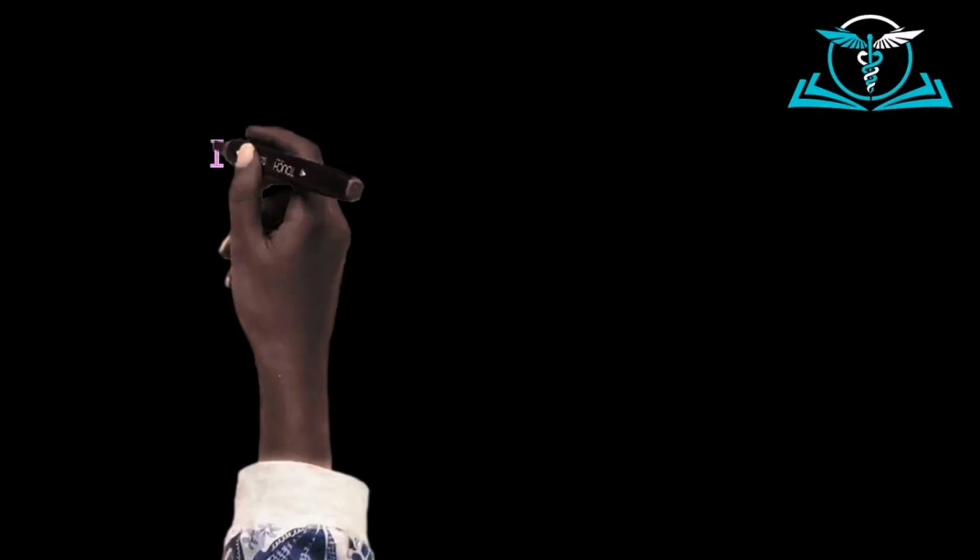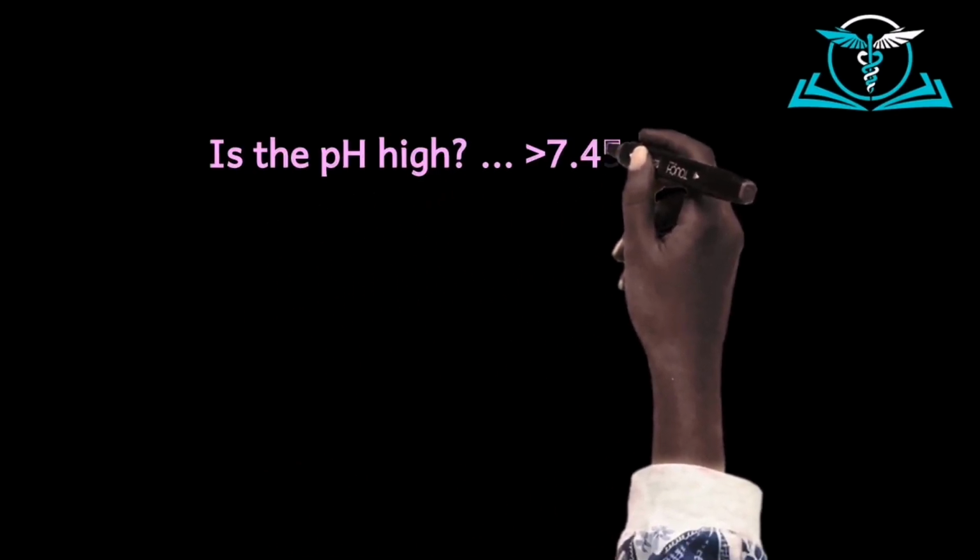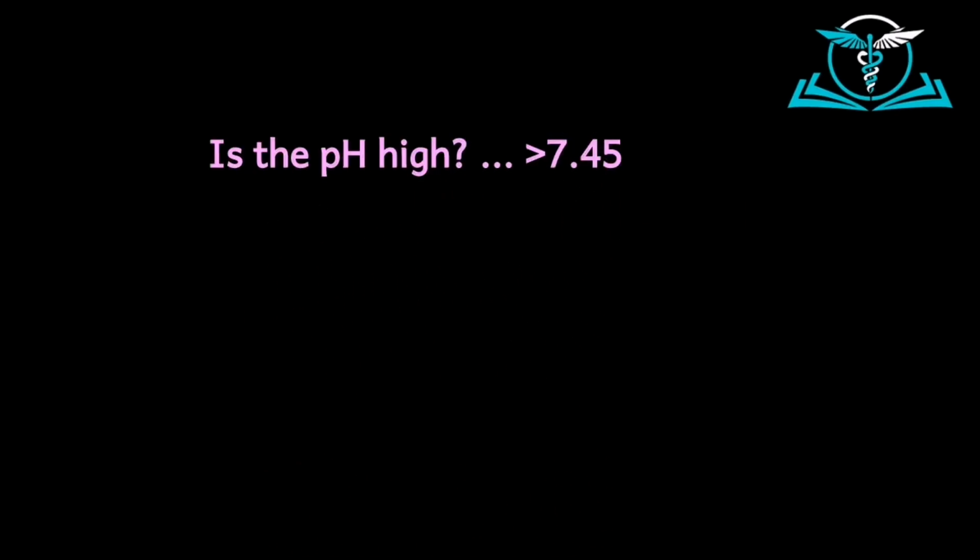And so another example, what if the pH is high, that is a pH more than 7.45? Straight away in our heads we know there is alkalemia. It means that there is a process which has caused a decreased amount of H plus in the body or an increased amount of bicarbonate ions in the body. That is why the pH is very high.